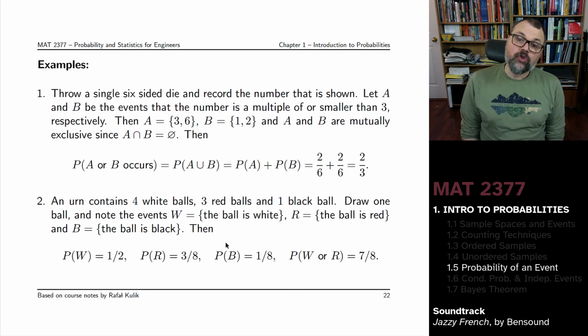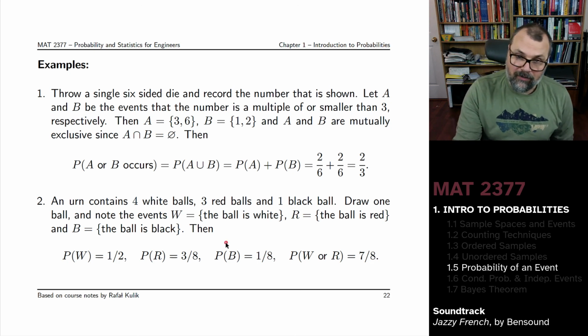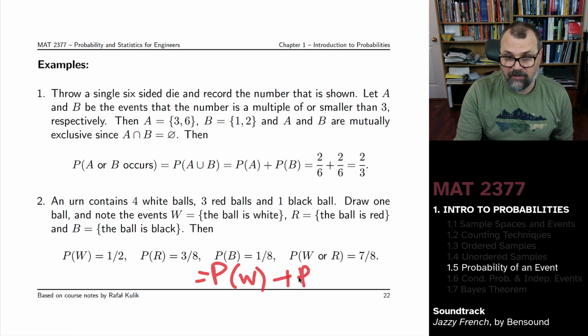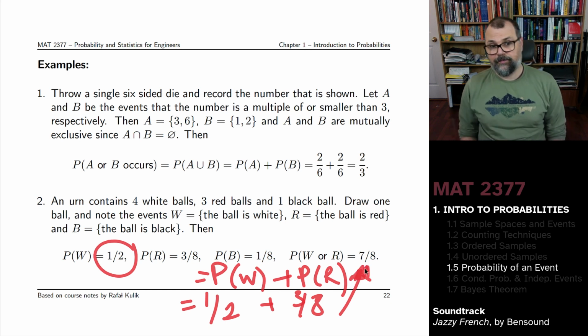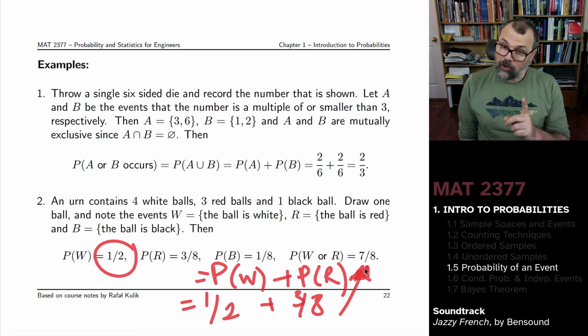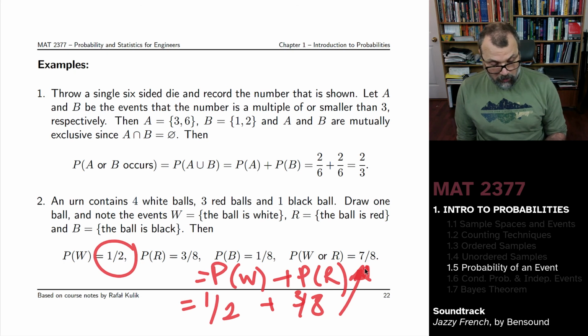So the events are mutually exclusive, which means that the probability of having a white ball or a red ball would simply be the probability of having a white ball plus the probability of having a red ball. And according to what we have here, that's 1/2 plus 3/8, and that gives us 7/8. You're almost certain, although not 100% certain, to draw a ball which would be white or red.